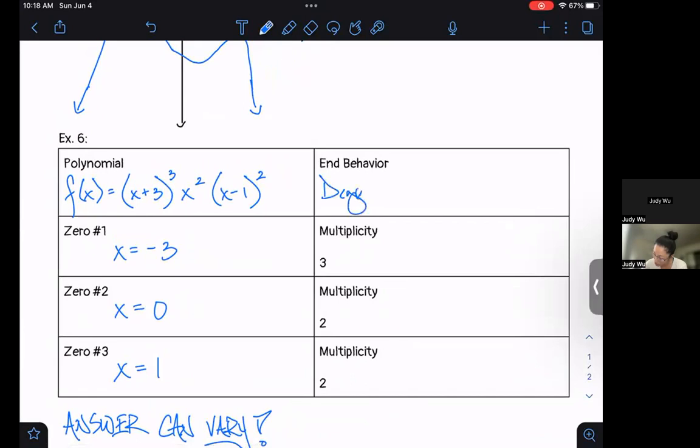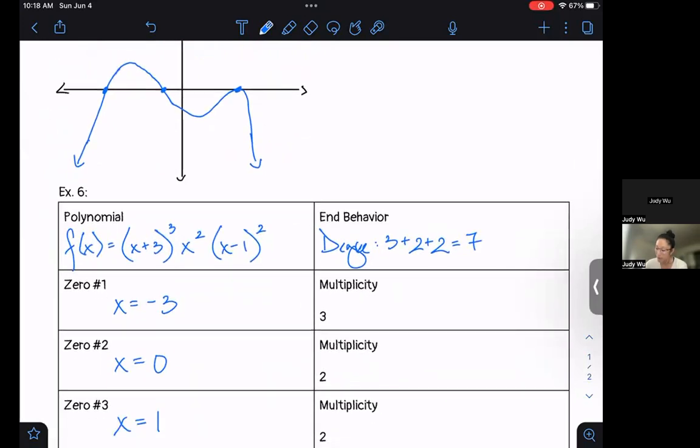The degree is 3 plus 2 plus 2, which is 7. Okay. Now, right now, my leading coefficient is positive. That means my end behavior will be down, up. Right? But if I wanted to put a negative here, then I would just change this to be up, down.